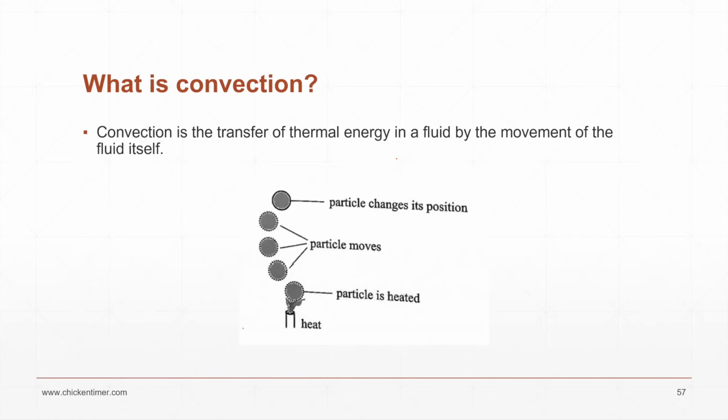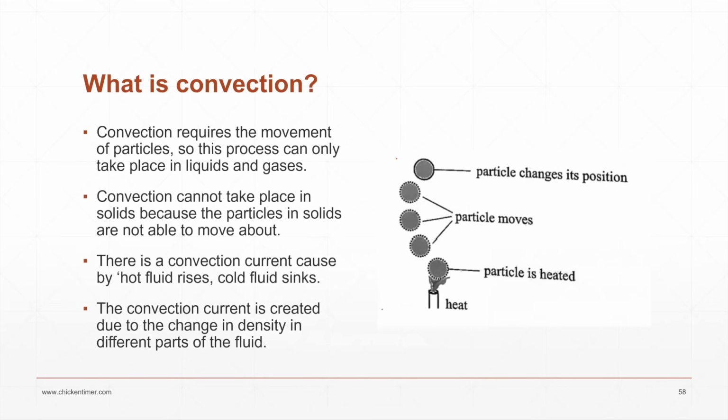So convection happens when the particles move. So in solid, liquid, and gases, only liquid and gas particles move. So convection will only happen in liquids and gases. This one is based on the expansion and contraction of fluids.